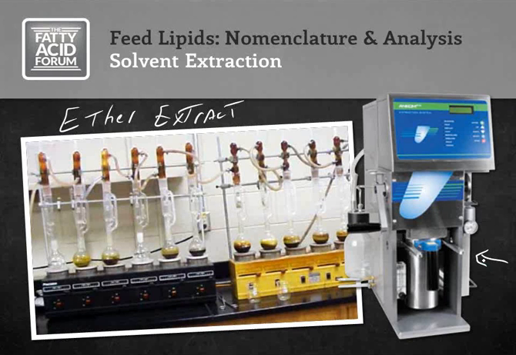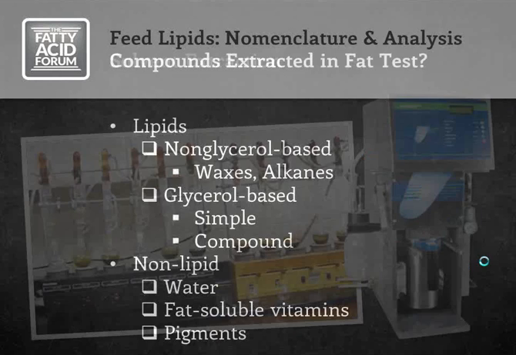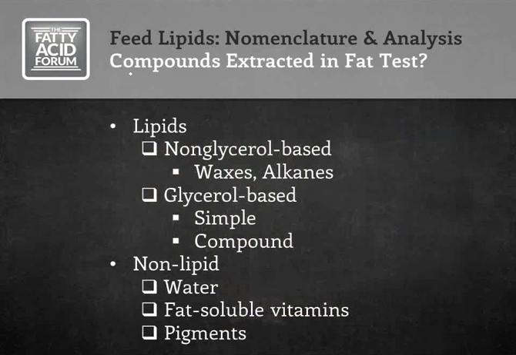Now the one on the right reflects the more automated and semi-automated apparatus that are available today to assist with that process. But the question is, when you do an analysis by this lipid extraction, exactly what compounds are extracted? What are you calling lipid?